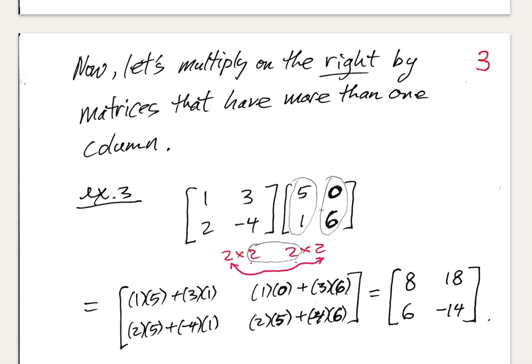Now, how do you do this when you're multiplying by more than one column? All you do is what we were doing before, but you do it column by column. Okay? You do it column by column. So what I'm going to do here is imagine going 1, 3, 2, negative 4 times 5, 1. Okay? And that will form the first column of my answer.